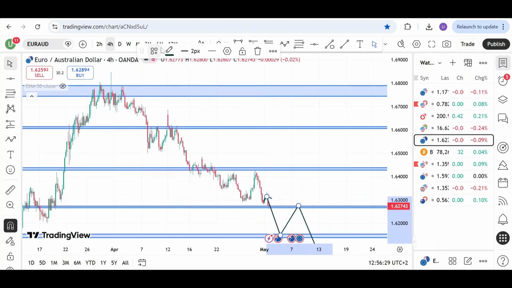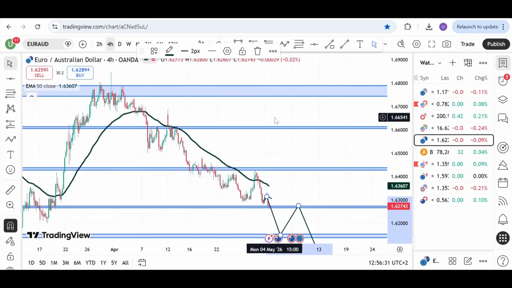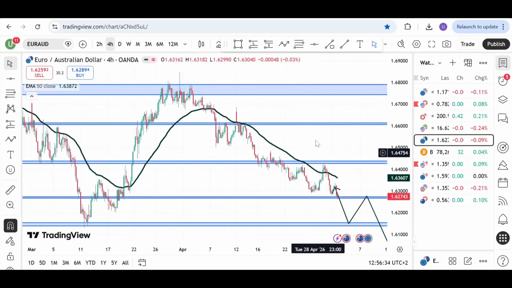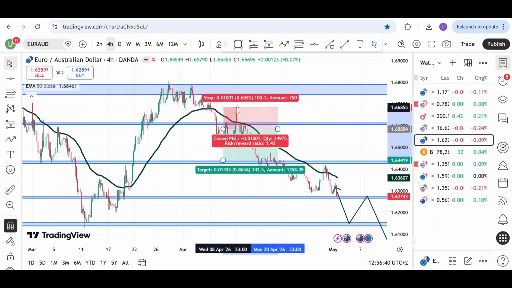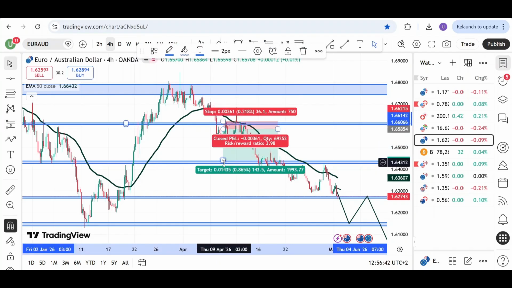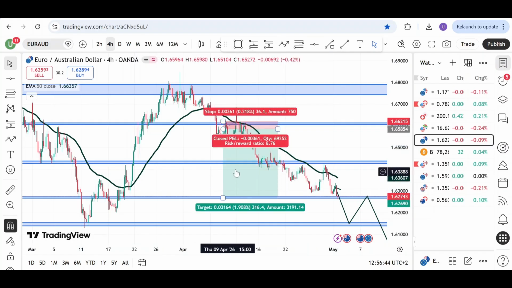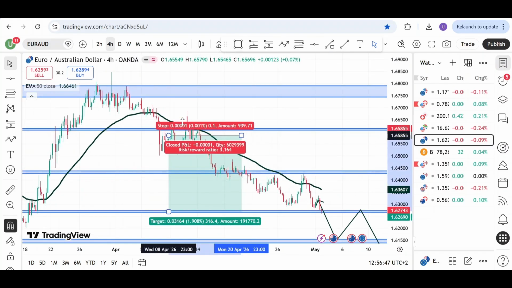Where is our EMA, exponential moving average? You see we are in a downward trend. In the last 2 weeks, I entered on this move here. I didn't ride it to this TP here because of what?